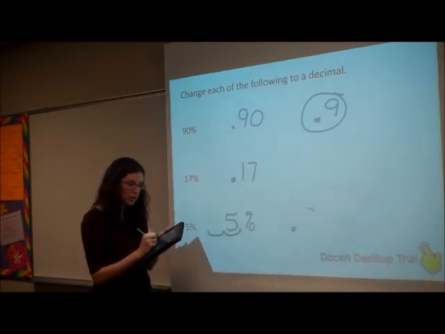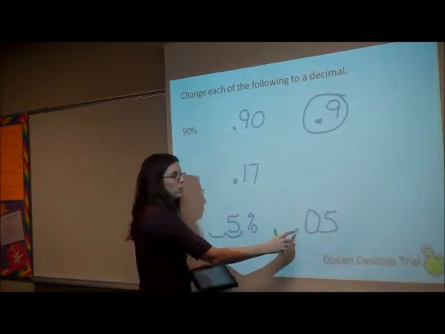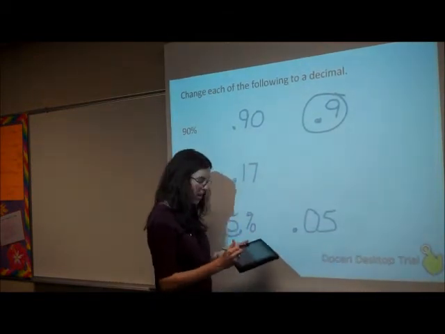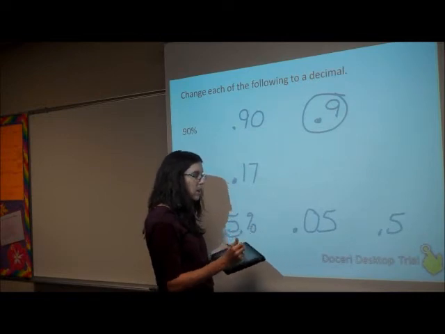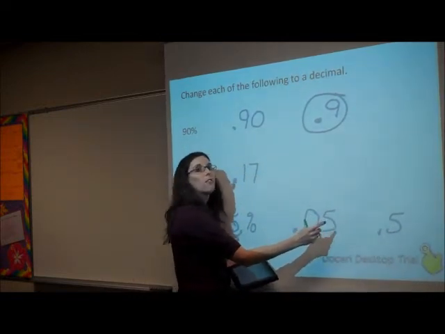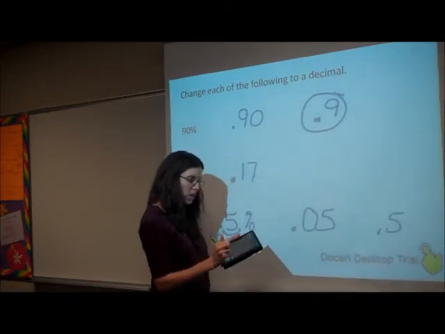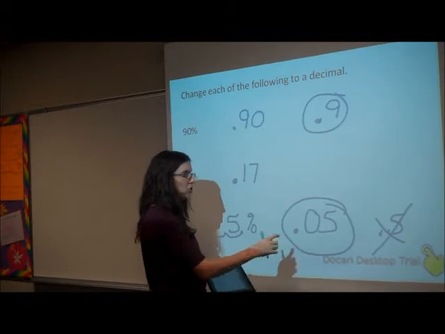We need to put a 0 in that space. So 5% will be 0.05. This is different than 0.5. This is your 50%, this is 5%. So the 0 in front does make a difference. So that one's wrong. Here's your answer.